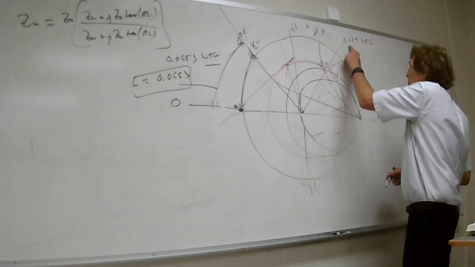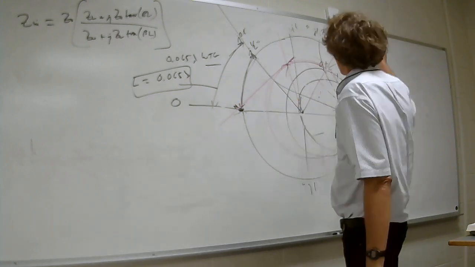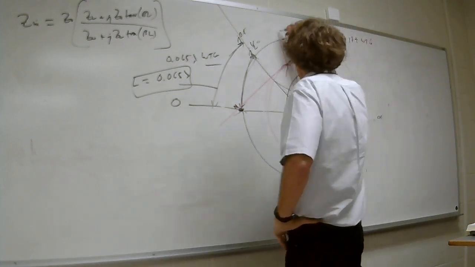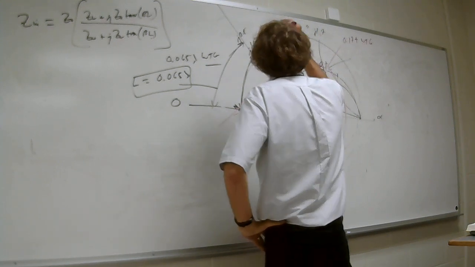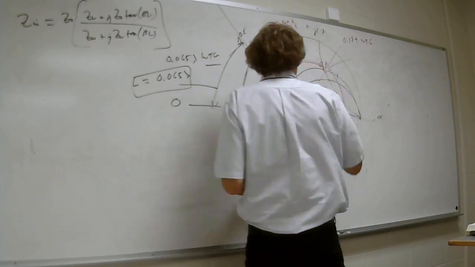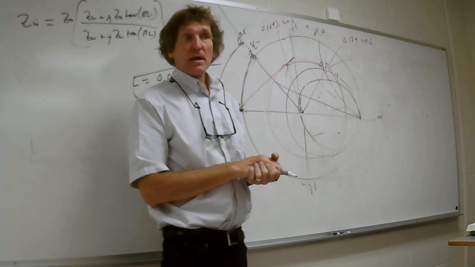But we know this, so we have to subtract the length of the line. Take 0.065 from it. It's 0.109 lambda right here. Wavelengths toward generator, is that where the load is? Is that right?